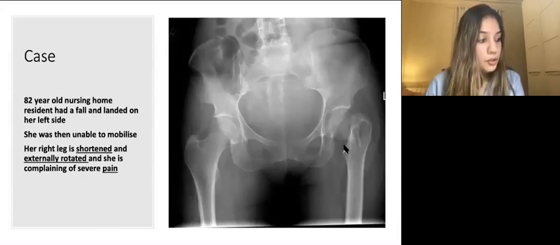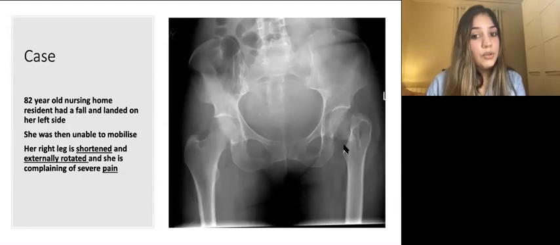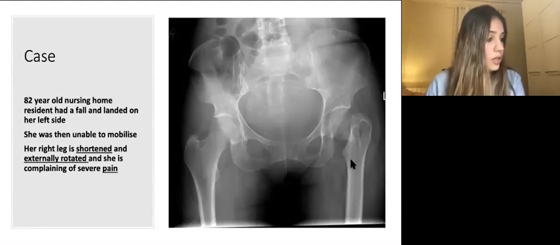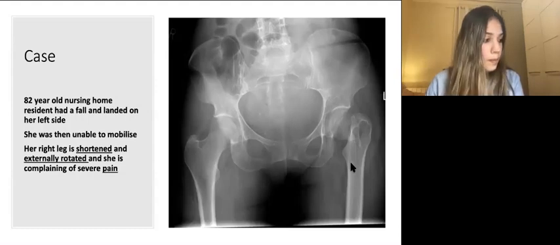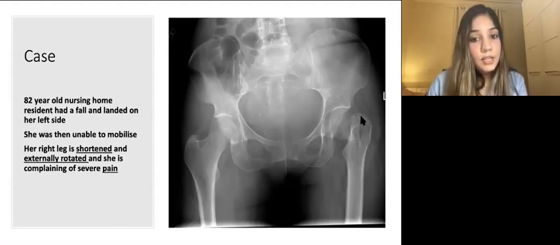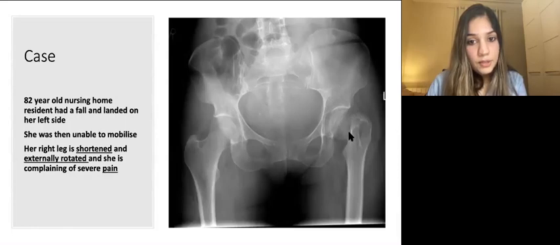Yep, intracapsular is correct. Yeah, so this is a displaced fracture. You can see this part of the femur has moved on top of this part. So the blood supply running through this neck would have definitely been affected.